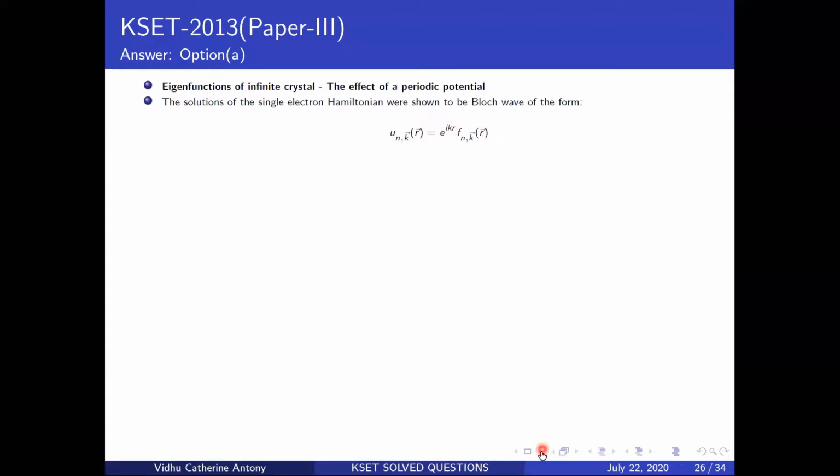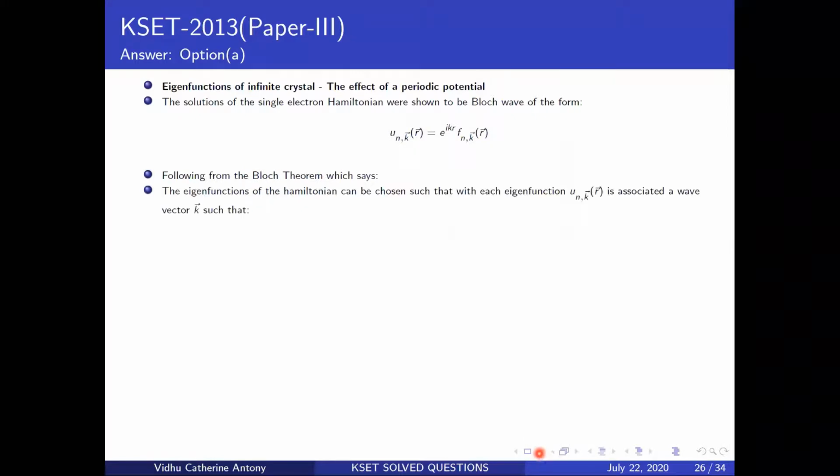Now, what does your Bloch theorem give you? The eigenfunctions of the Hamiltonian can be chosen such that with each eigenfunction psi n k is associated a wave vector k. How is it associated? With psi n k of r vector plus your capital R being equal to e to the power of i k R times psi n k of r.